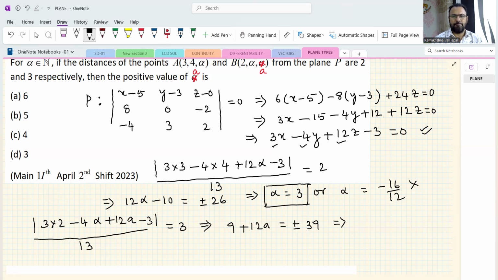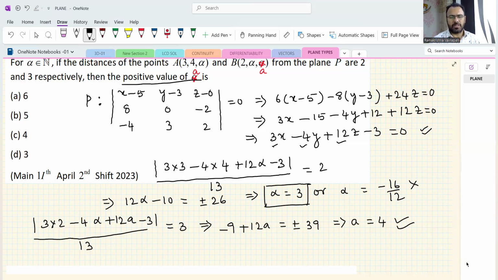Once again, I'll check that: minus 12, minus 3, minus 15, minus 15 plus 6. So this is minus 9. We want the positive value of A. So therefore, A equal to 39 plus 9, 48 by 12. That's equal to A is equal to 4. I leave the other value of A.